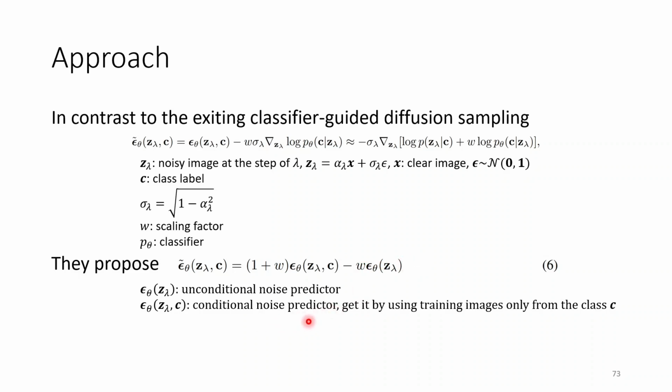They need to train a diffusion model using images, all of which belong to the same class, for example, Corgi. And for the unconditional one, they train on all the images in the image data set, so it becomes unconditional. Once they have two diffusion models, they can generate two predicted noises and combine them as the new predicted noise, so that they can generate similar results.